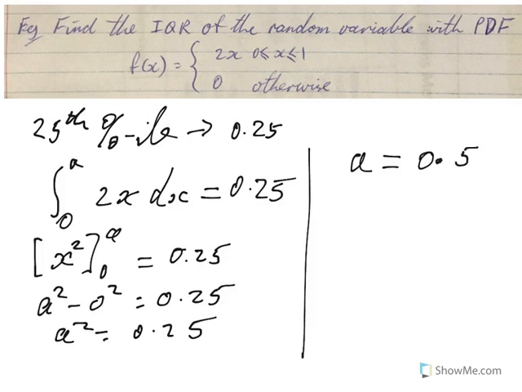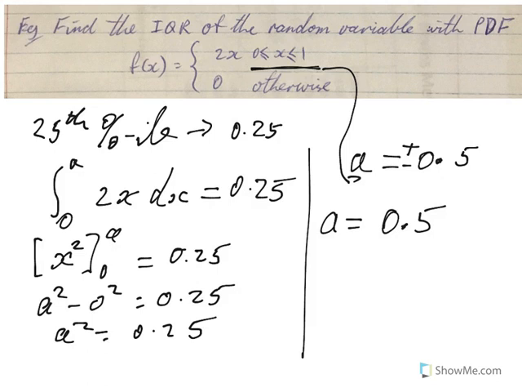Now we would normally go plus or minus, but our x values have got to be between 0 and 1, so A, which is the x value where the 25th percentile is, is 0.5.